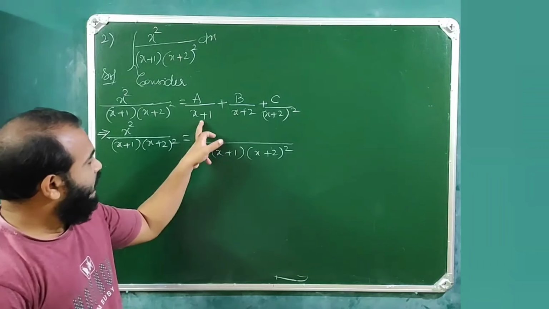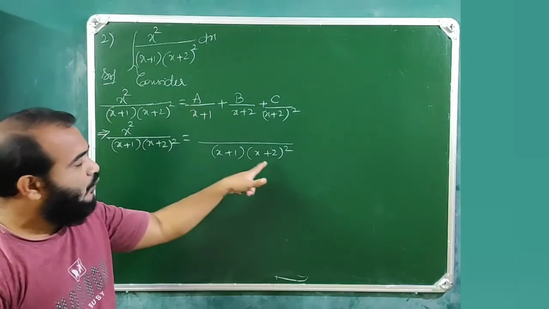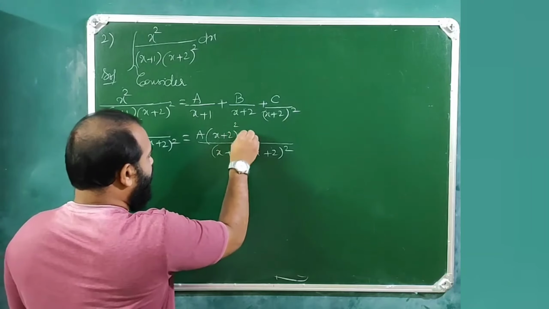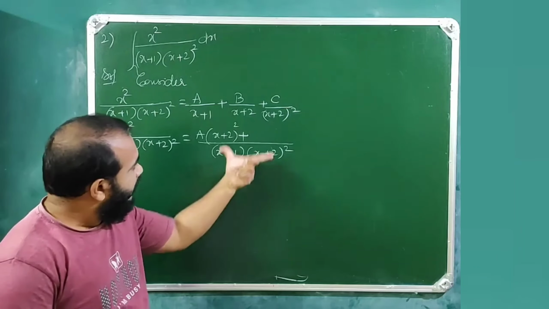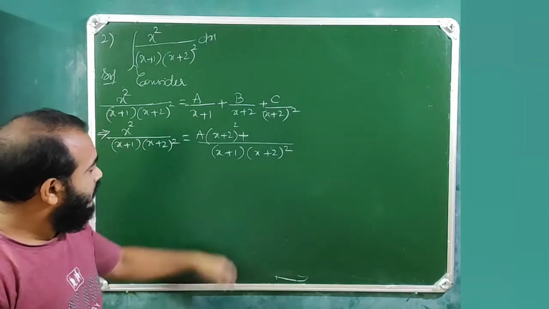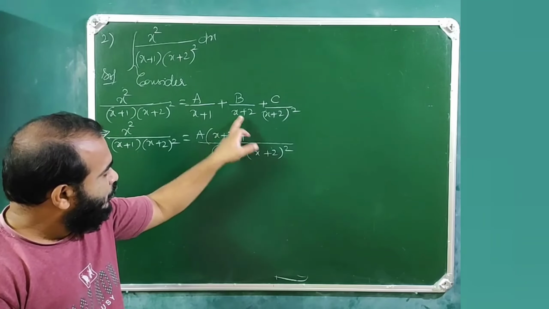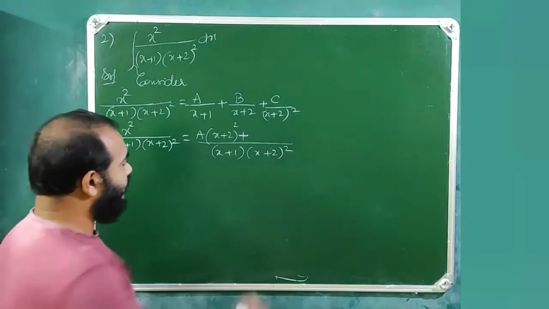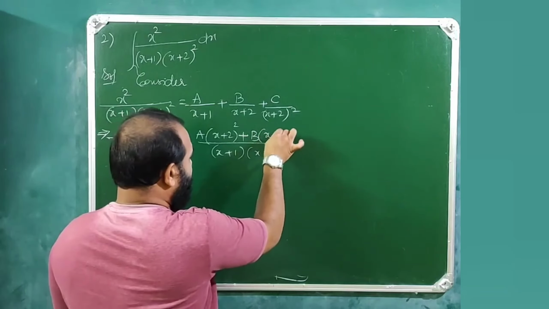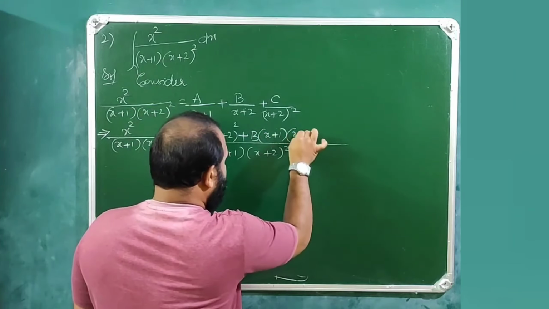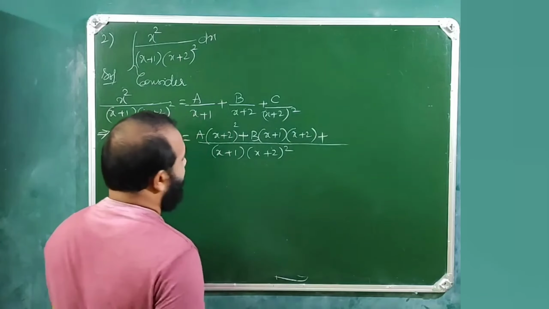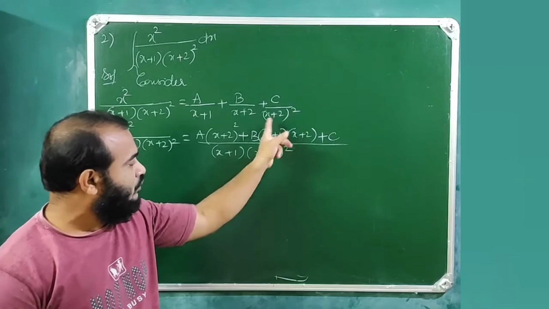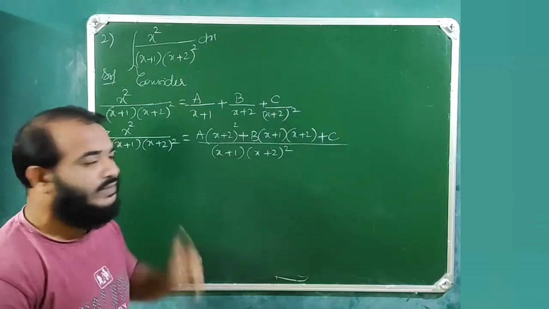So this by x plus 1, these two get cancelled, A into (x plus 2) whole square, plus this by this. So (x plus 2) whole square cancelled for once. Therefore B into (x plus 1) into (x plus 2) we get, plus C into this by this, (x plus 2) whole square gets cancelled, C into (x plus 1).